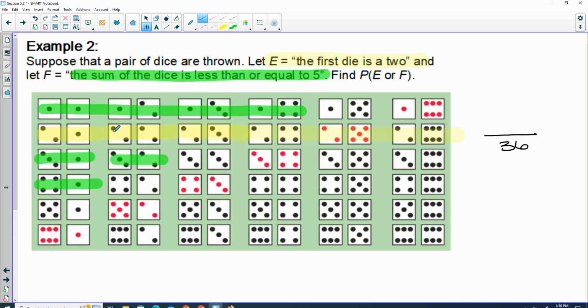And then how many of those did I highlight? 13. So 13 out of 36 gives me what? 0.36.